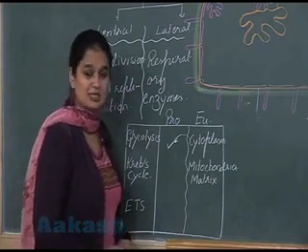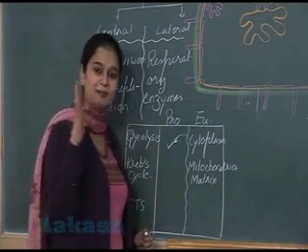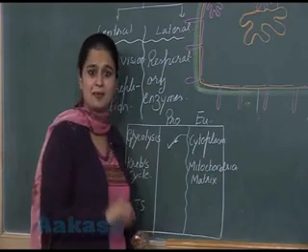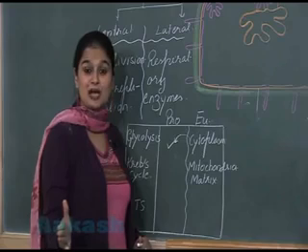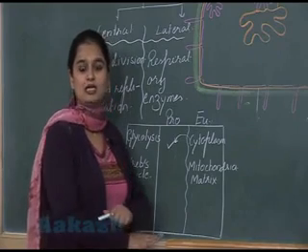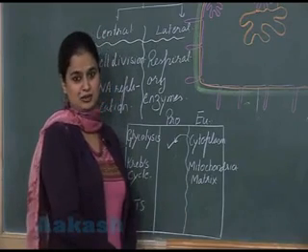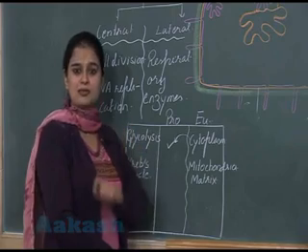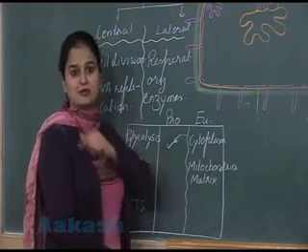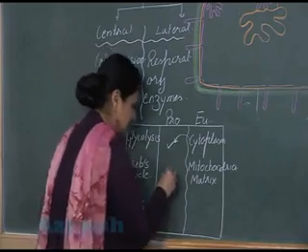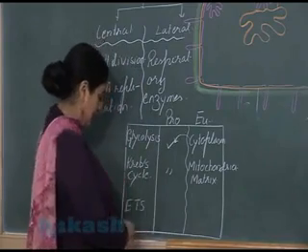We have discussed that in the prokaryotes the membrane-bound organelles are absent. Mitochondria, chloroplast, endoplasmic reticulum, Golgi bodies are absent. So this Krebs cycle will again occur inside the cytoplasm.